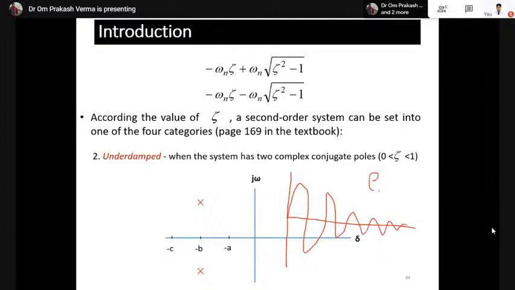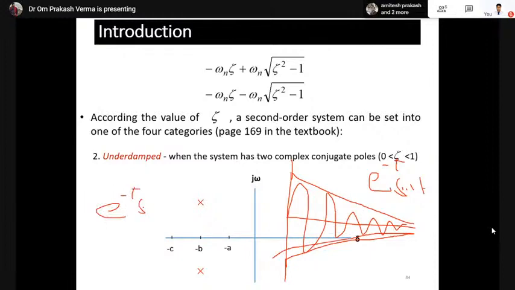Since e to the power minus t is here, that is responsible for diminishing the signal. Okay, and this is the sine t, right? So sine t is oscillatory in nature. When both are combined, such a response will occur. So this is the e to the power minus t sine t type response.